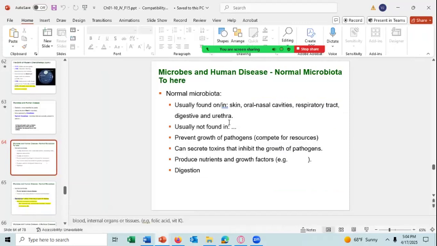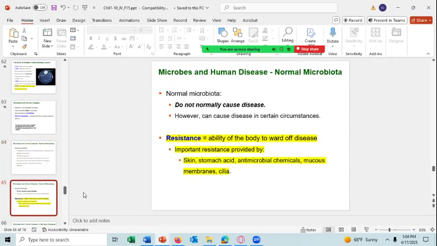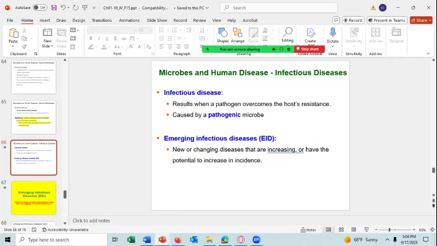I have that we had discussed the normal microbiota, where you can find it on a person. The normal microbiota do not normally cause disease. However, they can cause disease in certain circumstances, such as an AIDS patient.